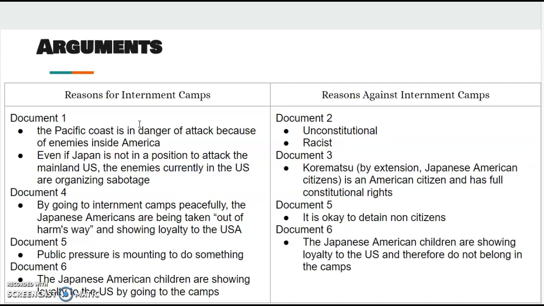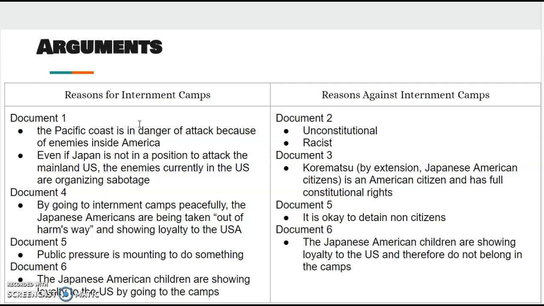In some instances, just refusing to shop in their stores. In other instances, violence would ensue. So that was the reasoning behind this cartoon: we're protecting them. And in the cartoon, it also talked about how the loyal Japanese Americans were going into the relocation camps.